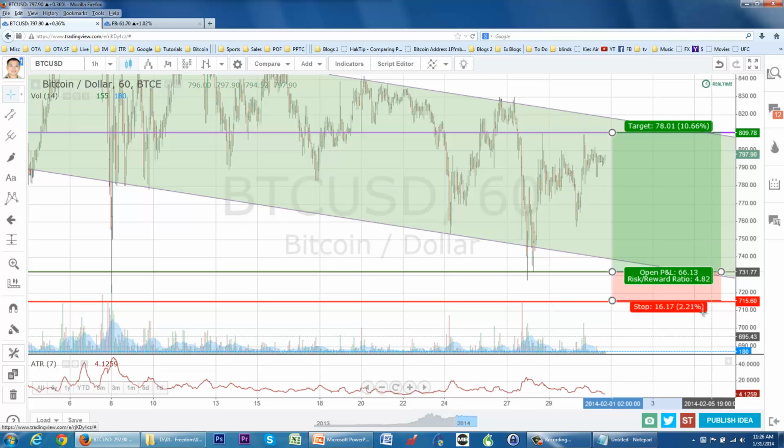So that means that if we enter along here at the green line and we set our stop loss $16 away from the entry, we have a very good shot at not being shaken out.